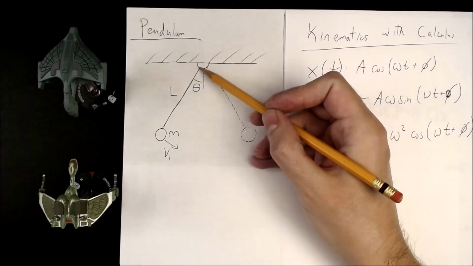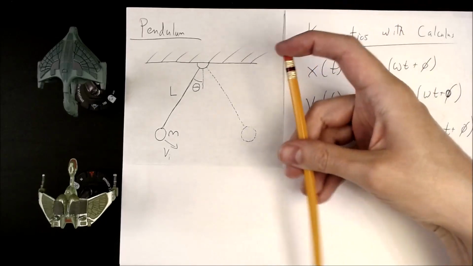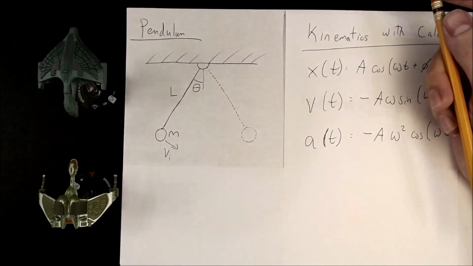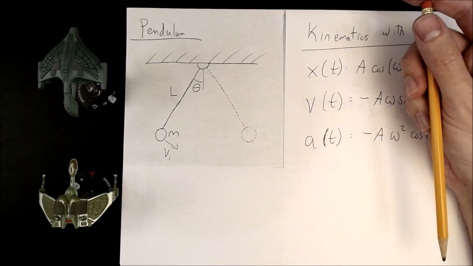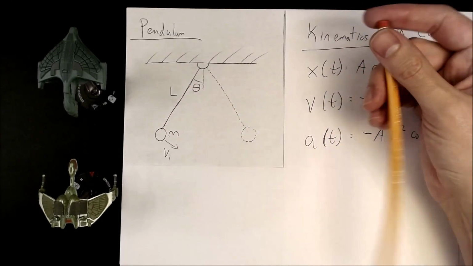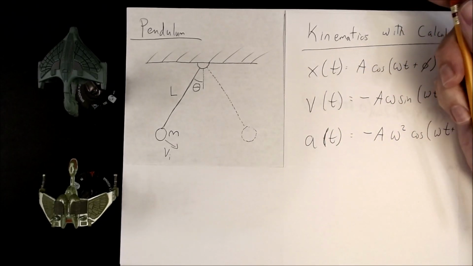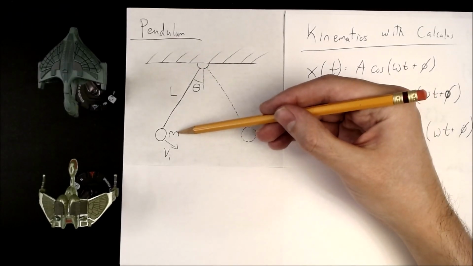If you make the pendulum longer, do you think it's going to take a longer amount of time or a shorter amount of time to go back and forth? How is the length of the pendulum going to affect the time that it takes to go back and forth? Think about that for a second. Okay. What about the mass at the end of the pendulum?